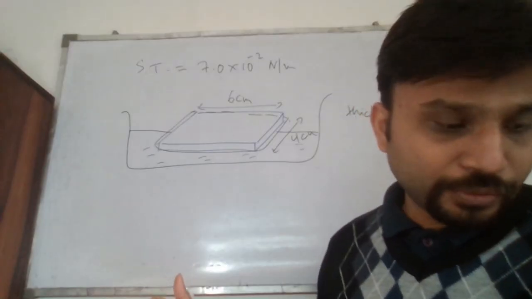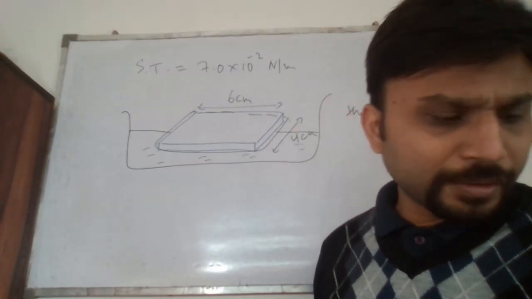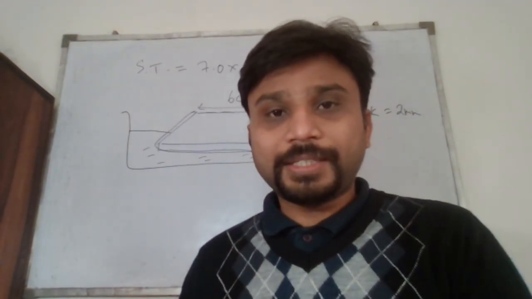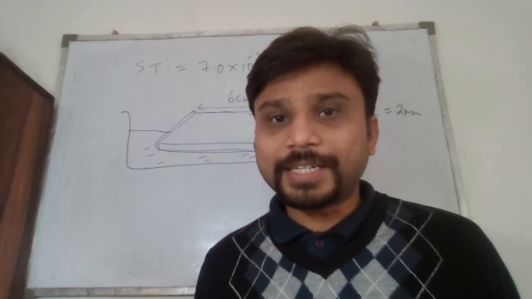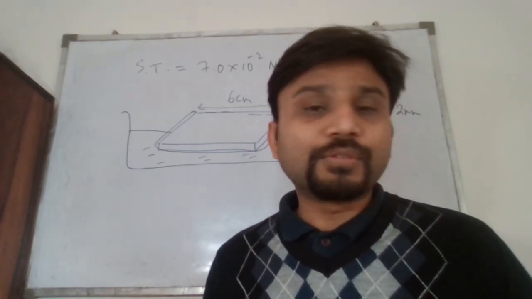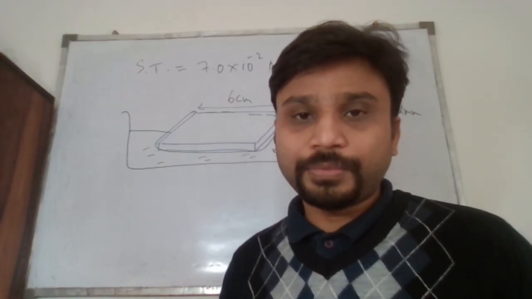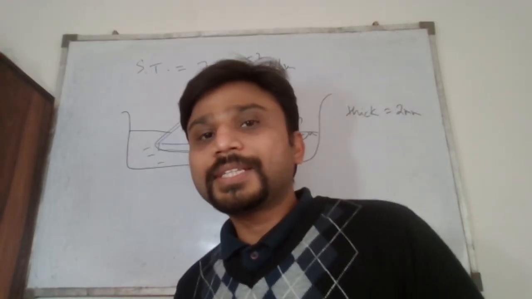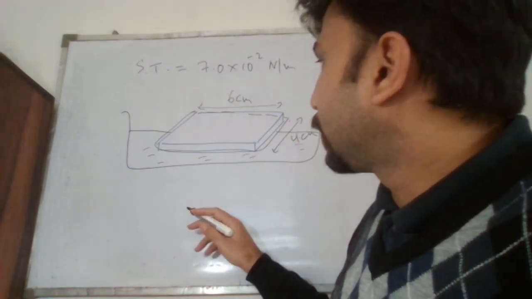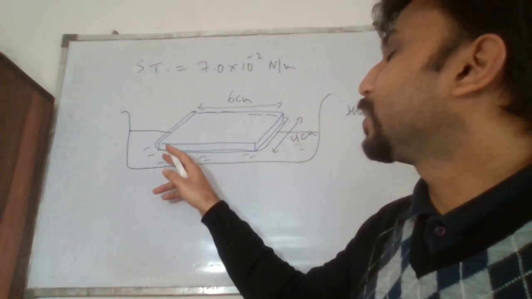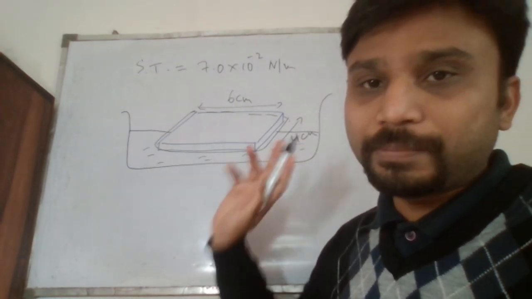It has not been framed like that; it has the exact wording: what is the downward force on the plate due to surface tension? That is the one thing I want to focus on. How is the surface tension exerting a force on this plate?